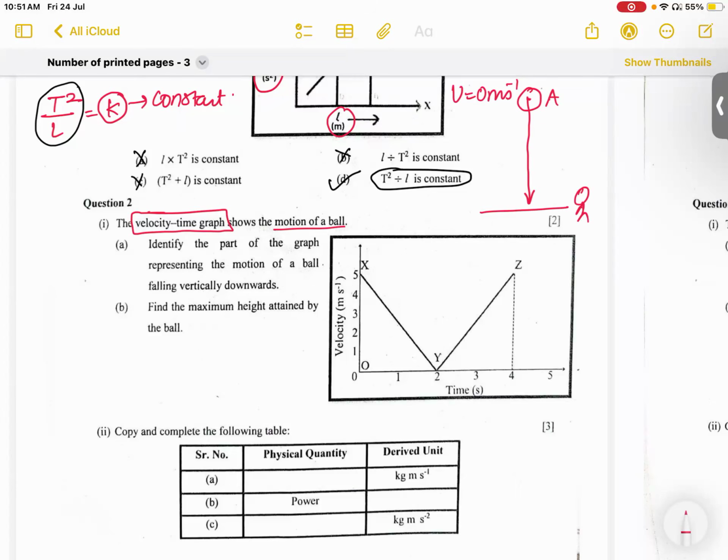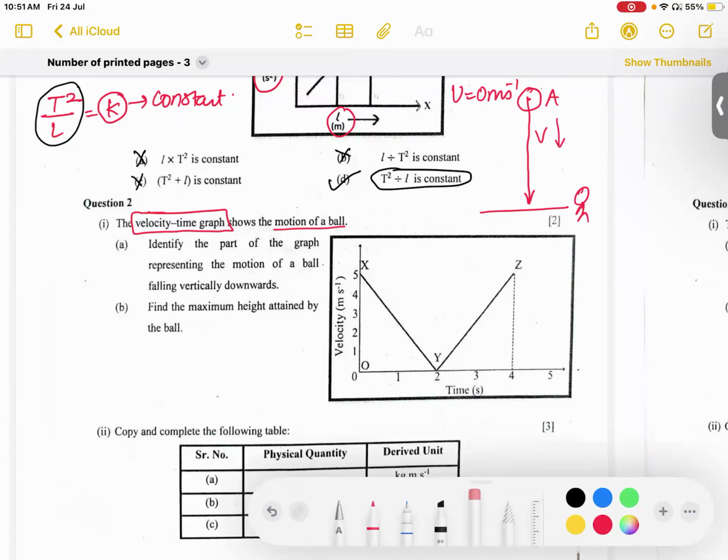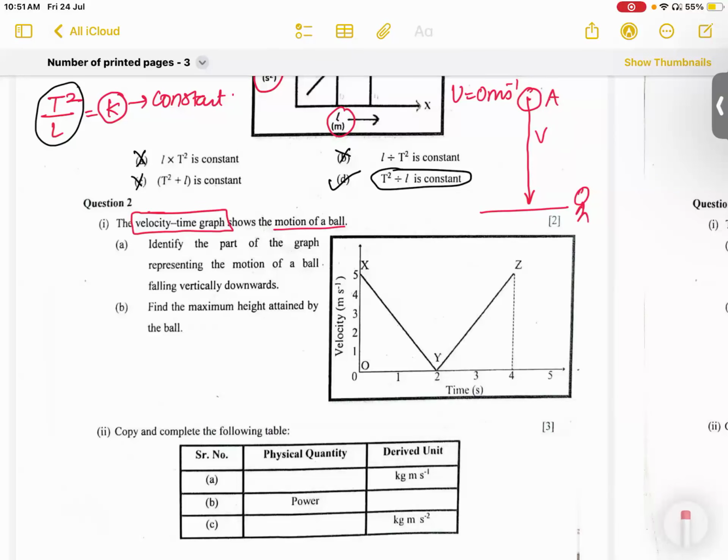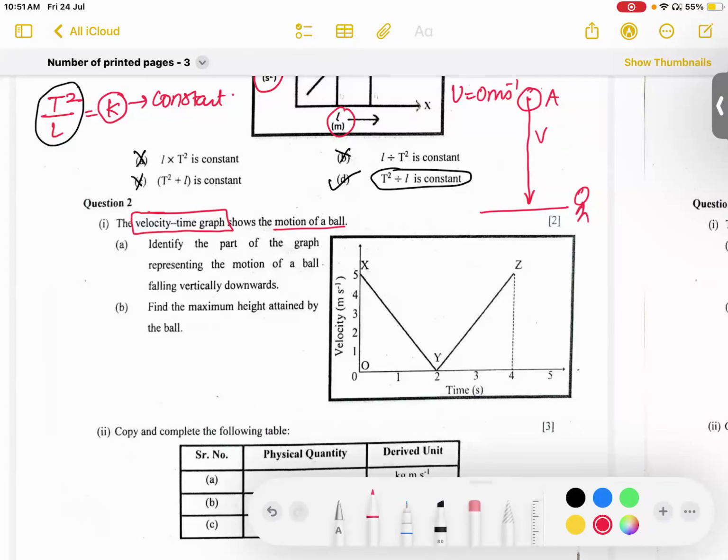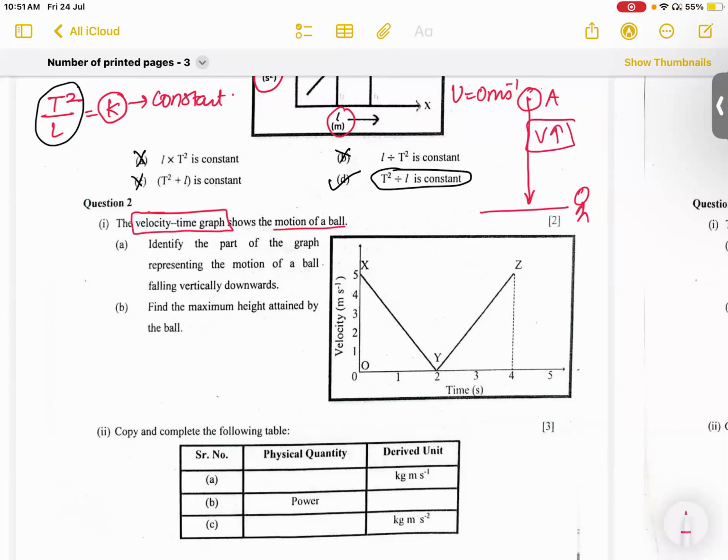When it starts falling down, students, can I say the velocity would start increasing? So when it is going to fall down, the velocity of that ball would start increasing. So check in your graph and tell me which part of the graph shows increase in velocity. The first part is x, y, and the second part is y, z.